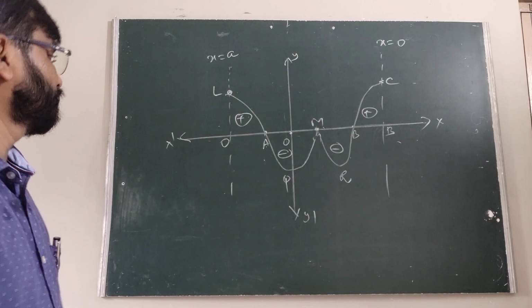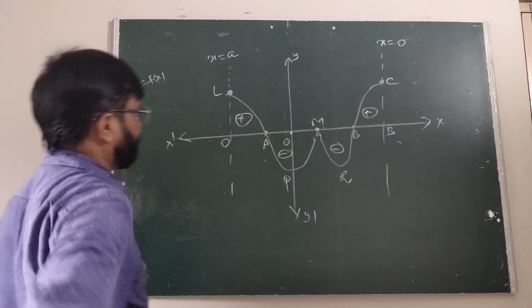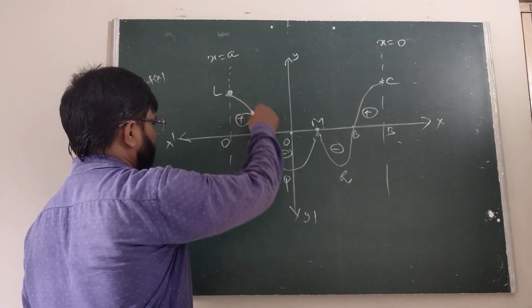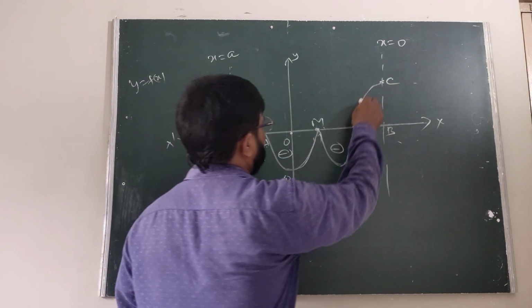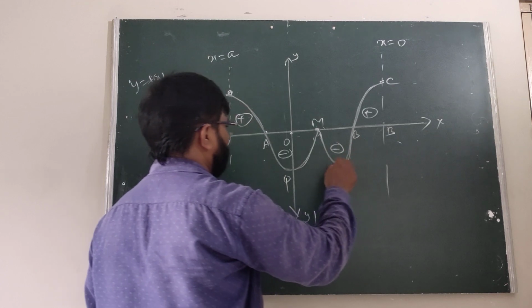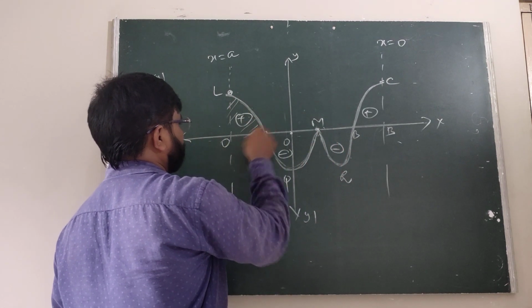So here is the graph y equal to f of x, all of you listen here. This is the curve y equal to f of x. How to find this area?